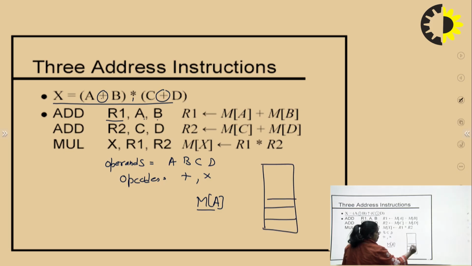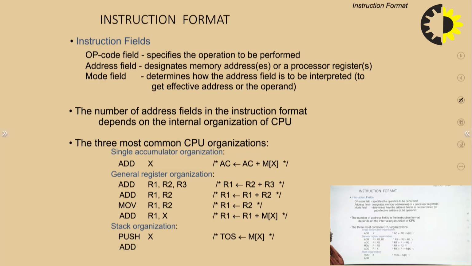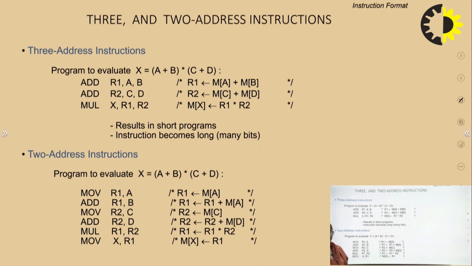Suppose this is the memory with physical addresses, as we discussed earlier, these are the memory blocks, and whatever value is stored here, suppose A is stored here, then this A is at the location M of A. That's why we can write A as M of A, M of B or M of C. So now these are the single accumulator organization instructions: three address, two address and one address instruction.